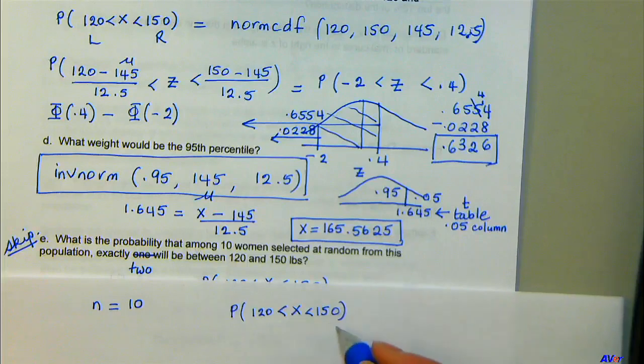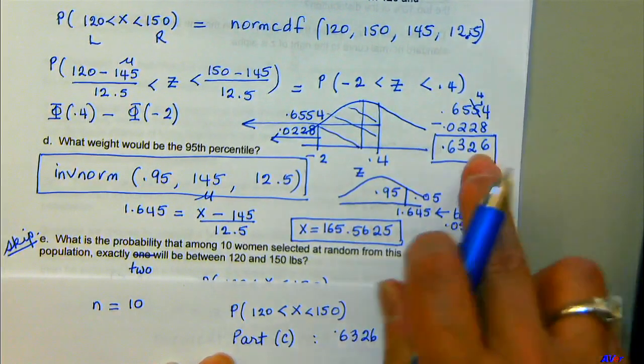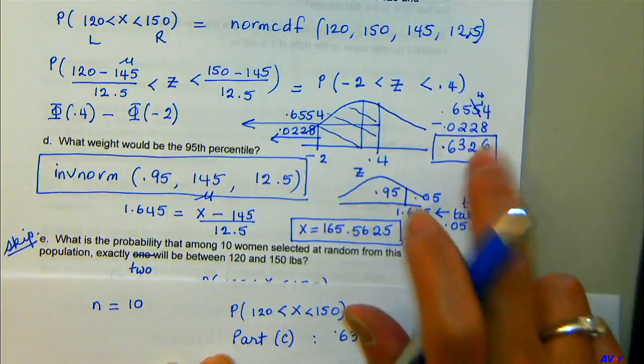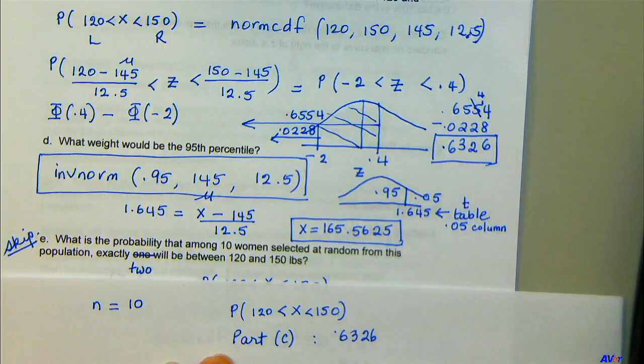So this probability X lies between 120 and 150 was already found in part C. And the answer was 0.6326. I already found that up here. So I need to use that. Now it's saying the probability of success is 0.6326.